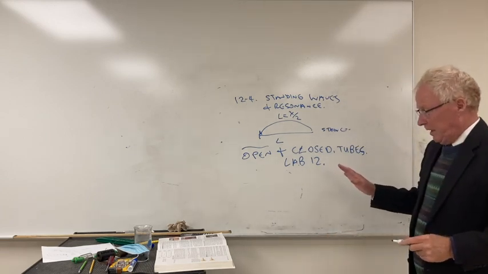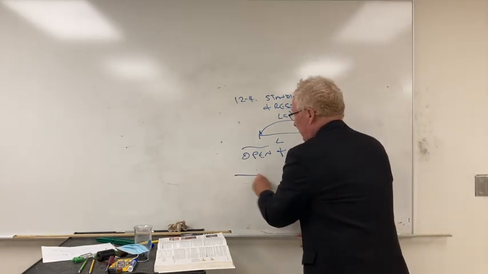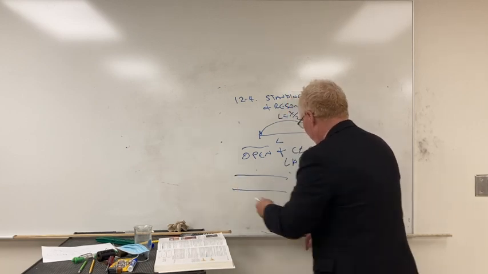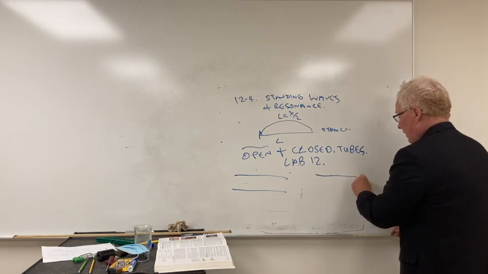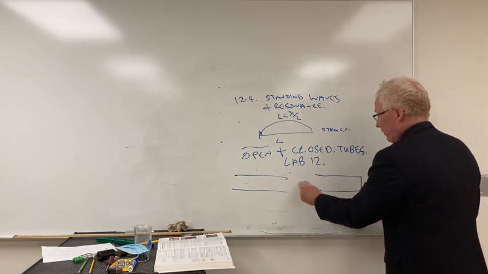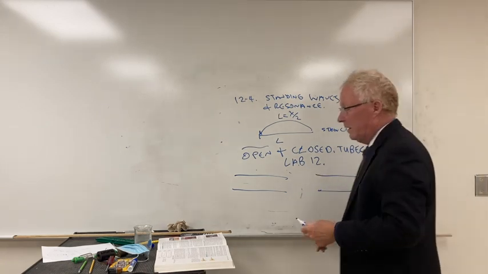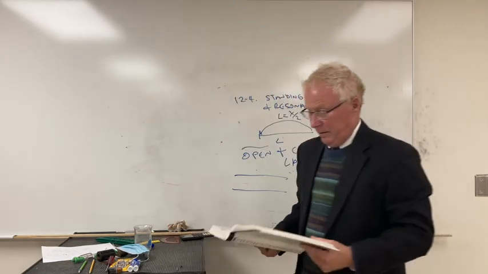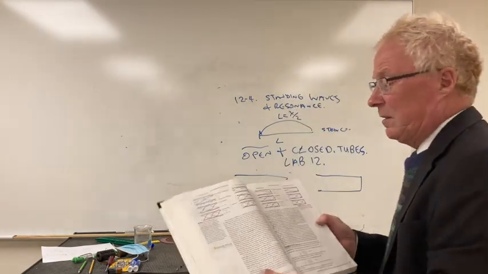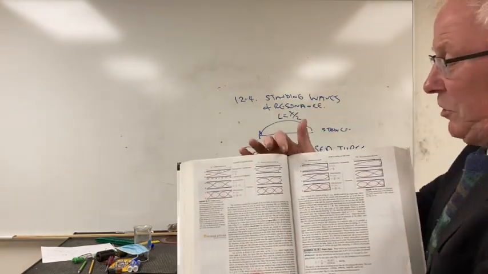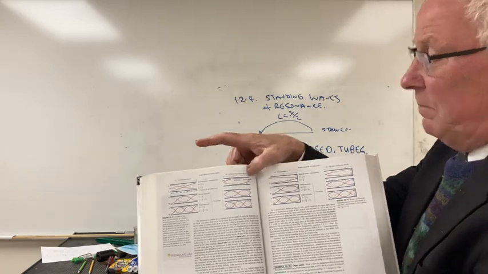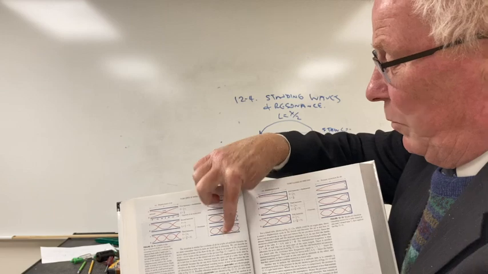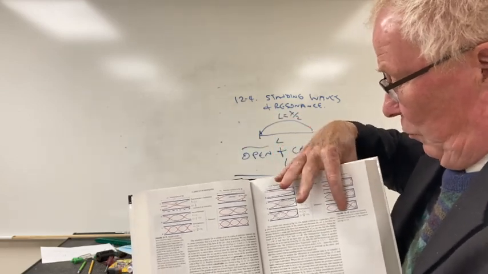So we did lab 12. Again, open is open at both ends, but we're generating the sound from one end. A closed tube is closed at one end, and we're generating the sound from the other end. And as we discussed earlier, the characteristic we measure is the pressure with the microphone. So this is for an open tube, this is for a closed tube.